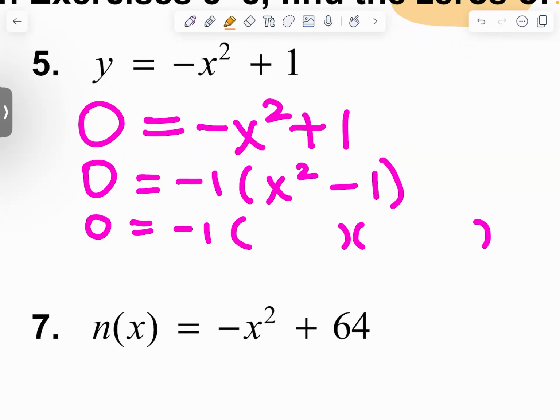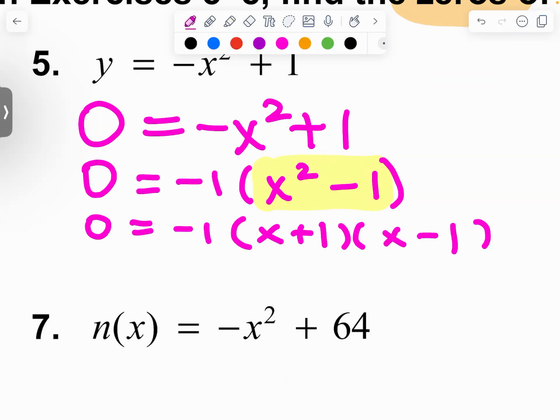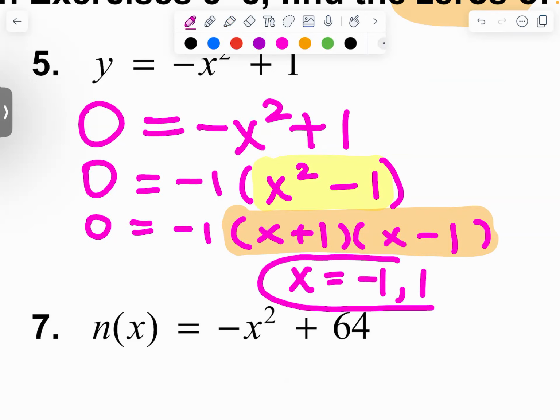Okay. X squared minus 1 is a difference of squares where we can factor to a plus b times a minus b. And if I have a product that equals 0, then I know that x plus 1 equals 0 and x minus 1 equals 0.